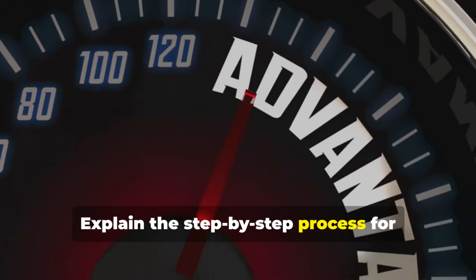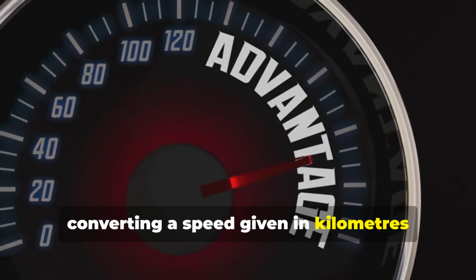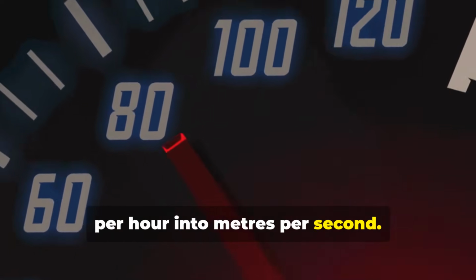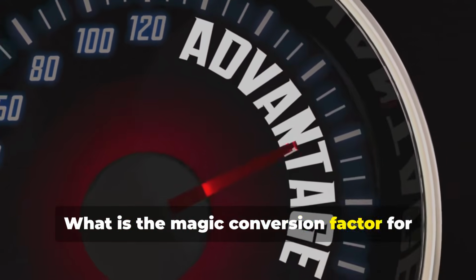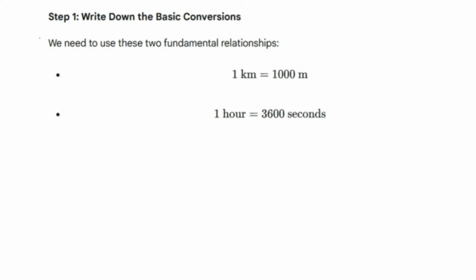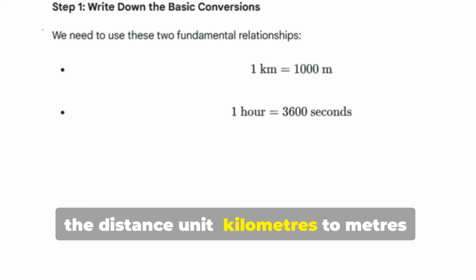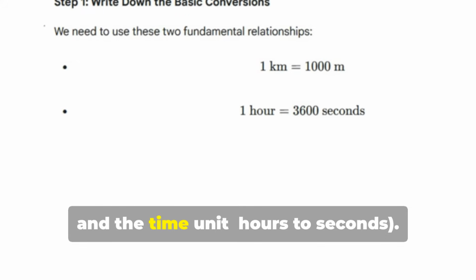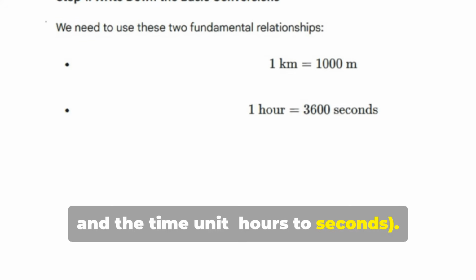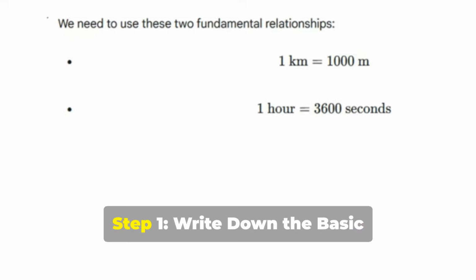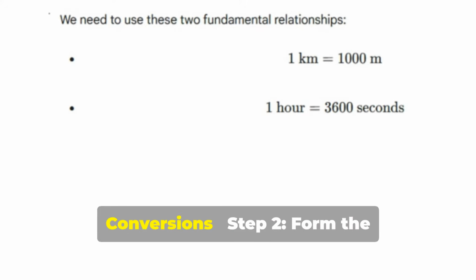Explain the step-by-step process for converting a speed given in kilometers per hour into meters per second. What is the magic conversion factor for this change? The process involves converting both the distance unit, kilometers to meters, and the time unit, hours to seconds. Step 1. Write down the basic conversions.